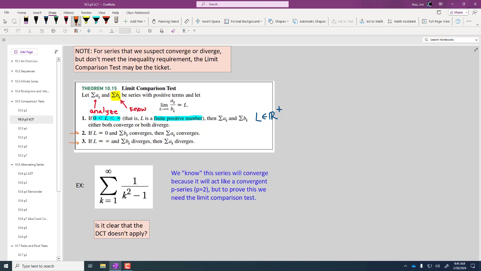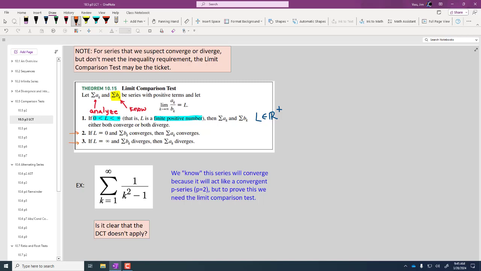And if this limit is a positive real, we can conclude that the a sub k series does in fact converge if this limit is L. Let's think about why. Actually, I'm sorry, positive real is just for case 1. For case 2, the limit is 0.